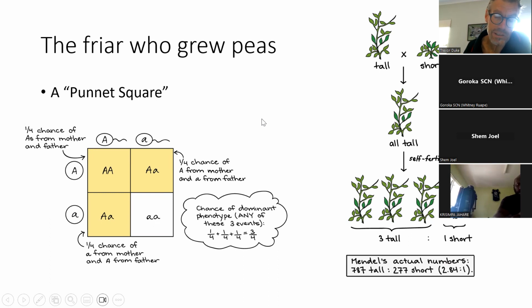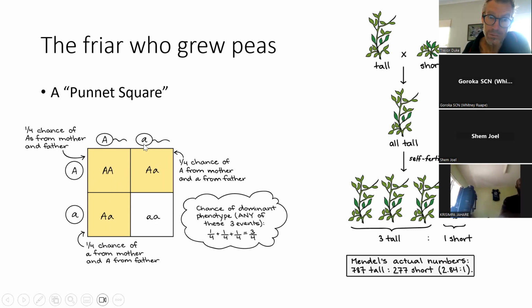And you might have heard of a Punnett square, which is an interesting term because it's a genetic term, but it relates to a punnet of vegetables or a punnet of peas in Gregor Mendel's experiments. It just shows that if you cross a tall dominant with a dominant, you'll get a dominant.